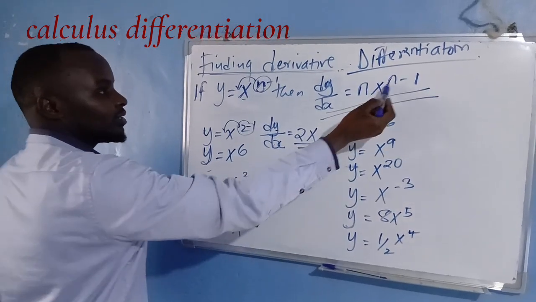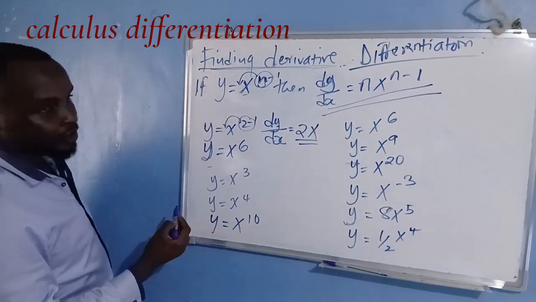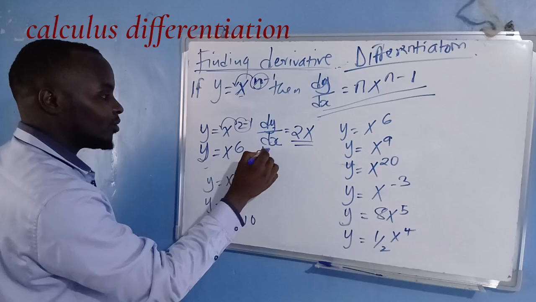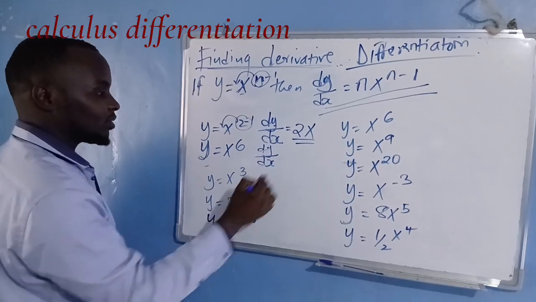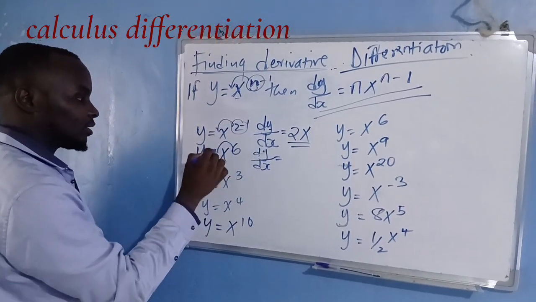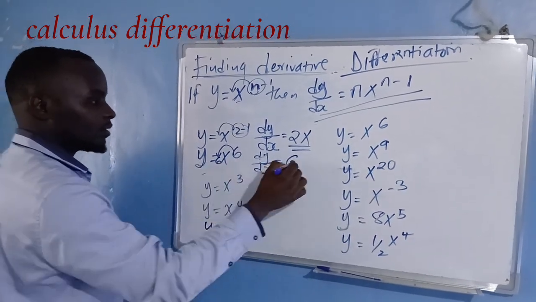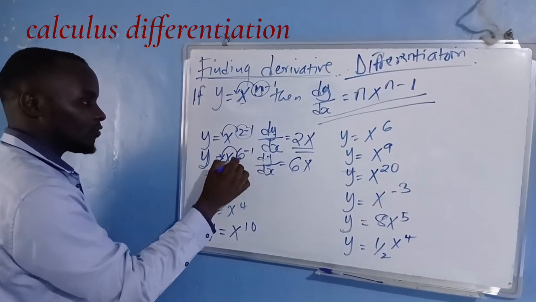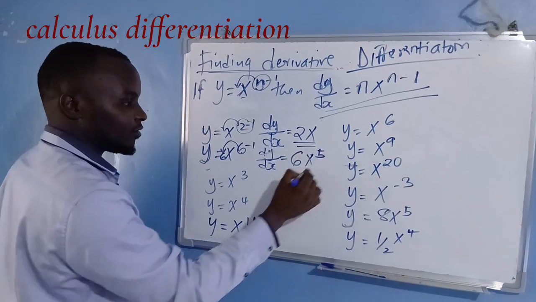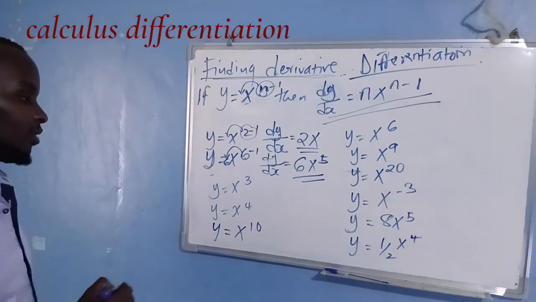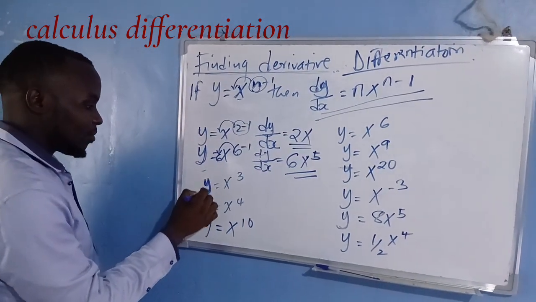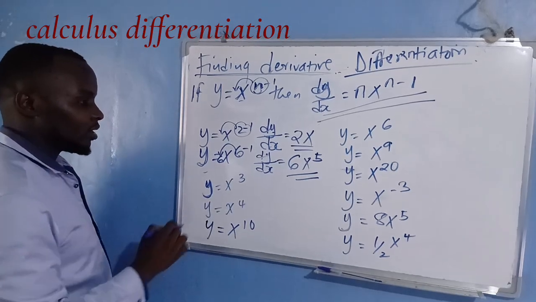As you've been doing, take n to be the coefficient of x. So our dy over dx will be, take 6 here. So you'll have 6x and then subtract 1 from 6. That will be 5. 6x power 5. The next example, y is equal to x power 3.